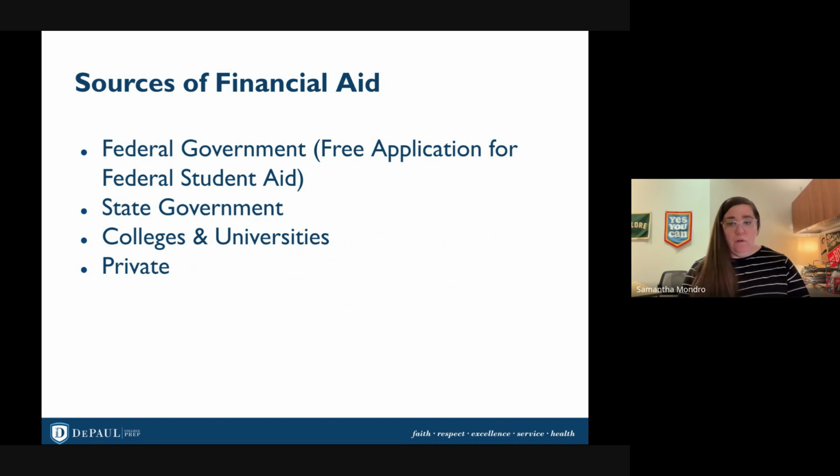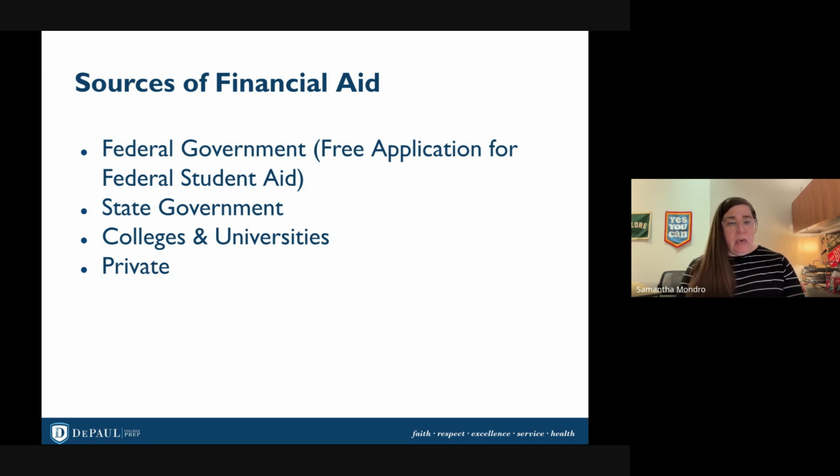Now let's talk about the sources of financial aid. I like to think that there are four sources, and that starts with the federal government. If you filled out the FAFSA, the Free Application for Federal Student Aid, you are helping your student qualify for money through the federal government. Filling out that FAFSA also makes you eligible for state government monies as well.